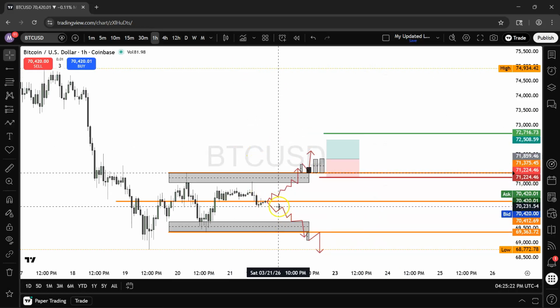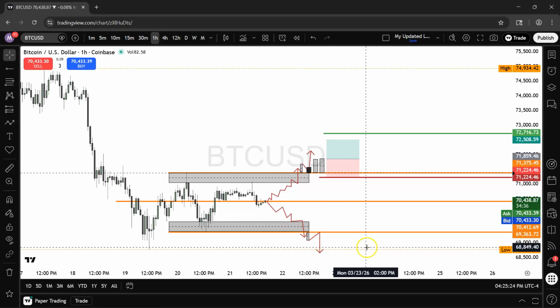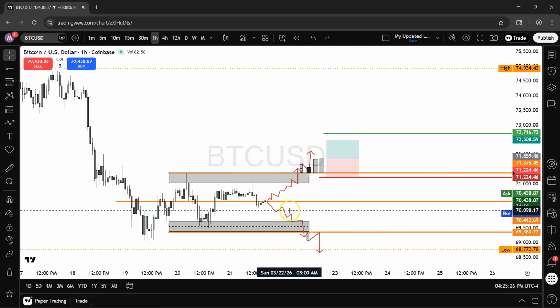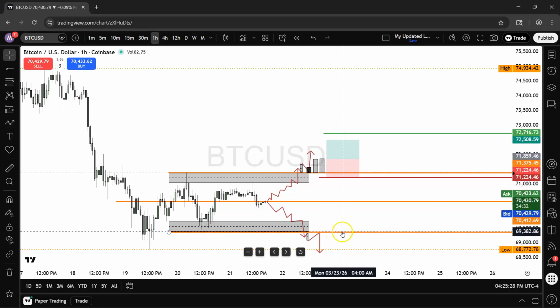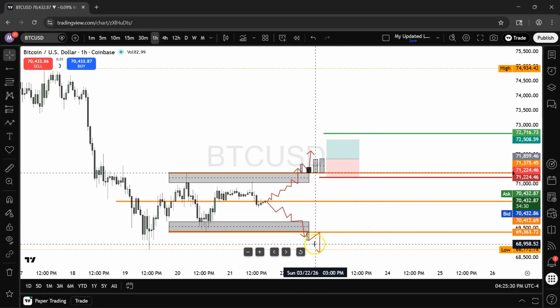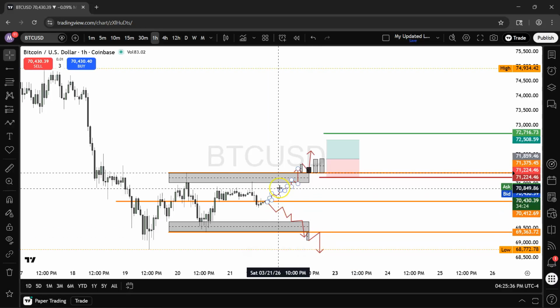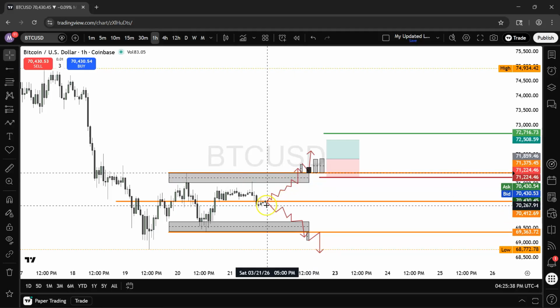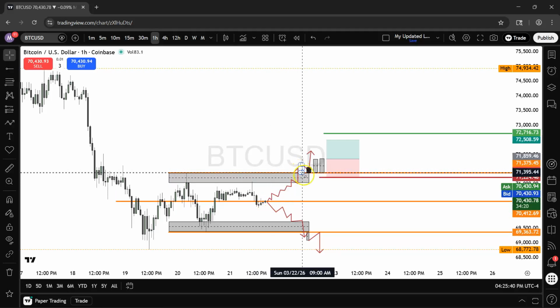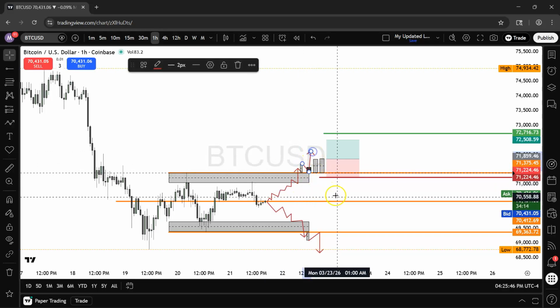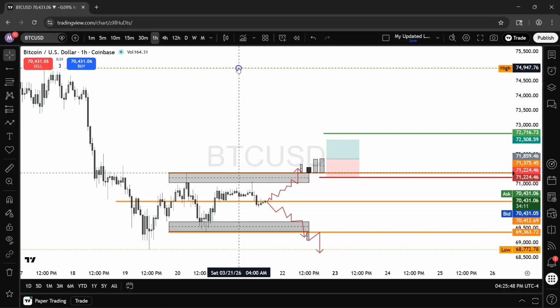That's why I created these red lines here to remind me that if the market goes below the low of the daily, I'm looking to enter the market for a sell. If the market continues to trend higher, I'm looking for a break of the high, which is this orange line, and now I'm bullish. I'm looking for a buy. Now I'm going to take this stuff off.